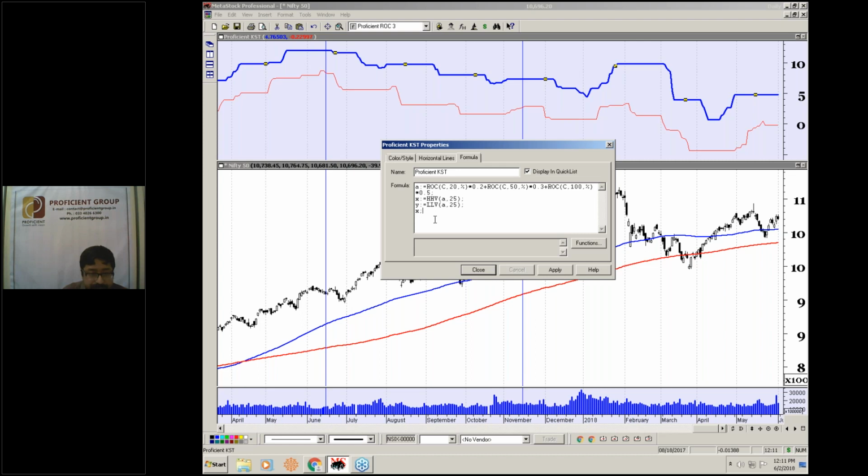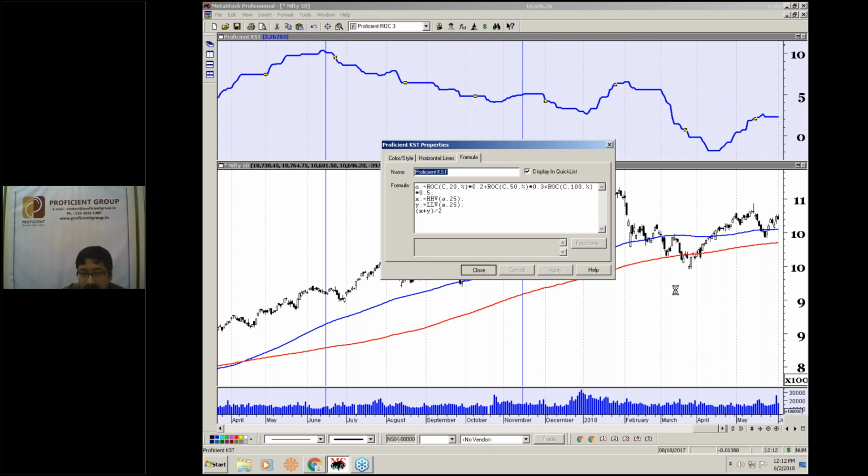What I'm suggesting here is that we are not going to use the highest high value and the lowest low value of the KST, but we are just going to use a mean value of the highest high and the lowest low, and this will be our indicator. I'm just getting an average of these two lines, right?